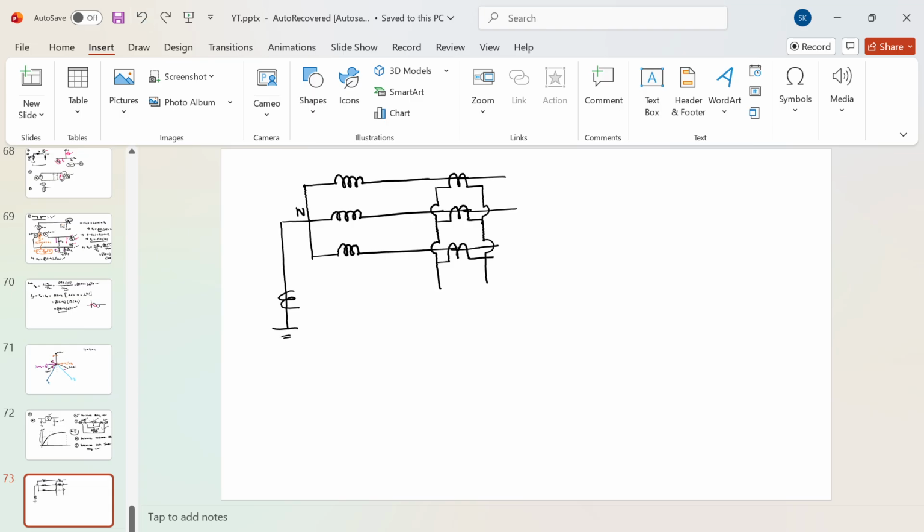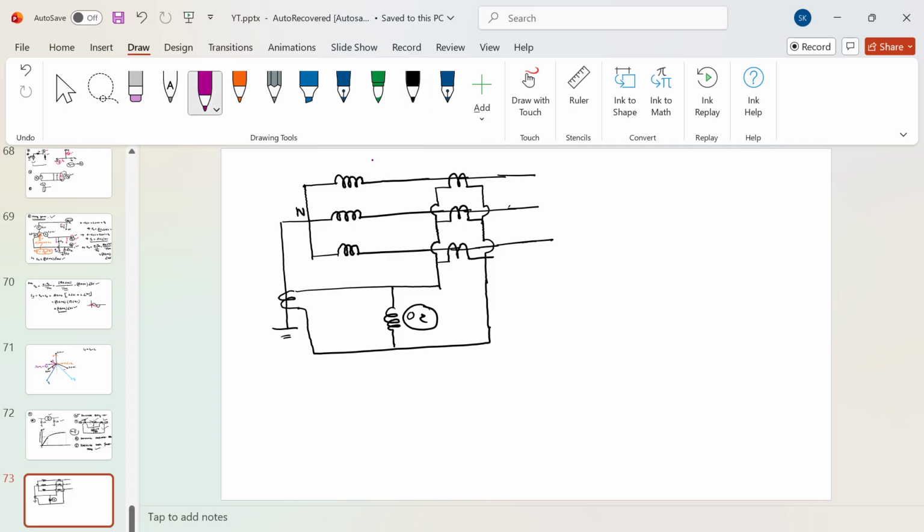Let's say this is your A phase, B phase, C phase, and you connect them together, and here will be your operating coil. The operation of this restricted earth fault relay will be restricted to this particular zone. If any fault occurs in this area, then only this relay will operate, or else it will not operate. If the fault occurs somewhere here, then this relay will not be able to detect the fault.